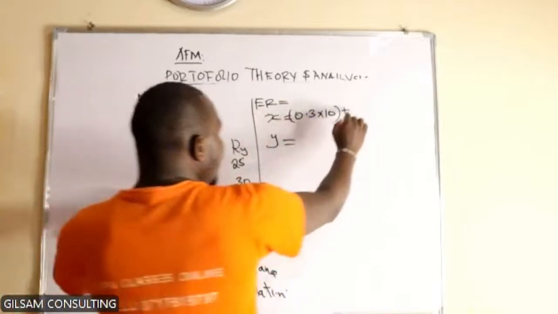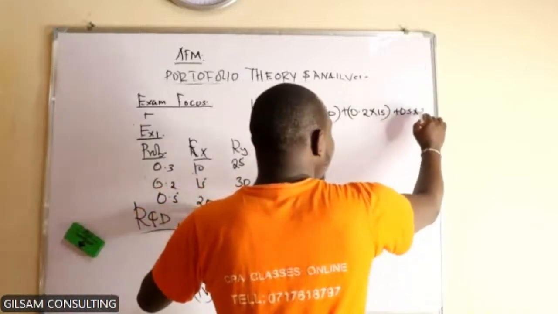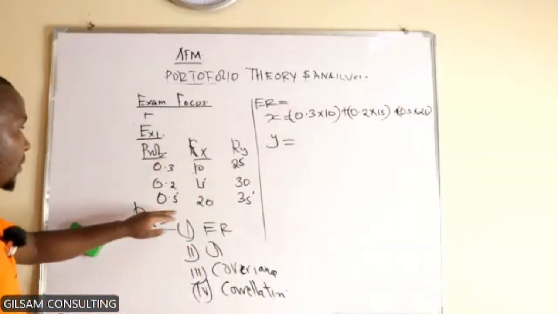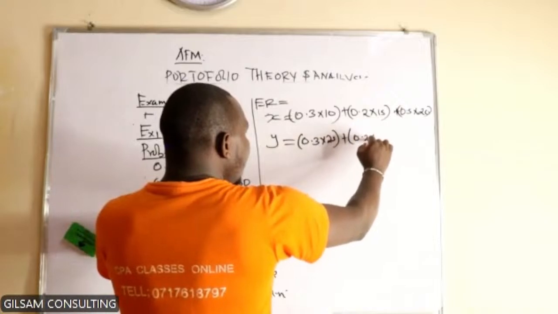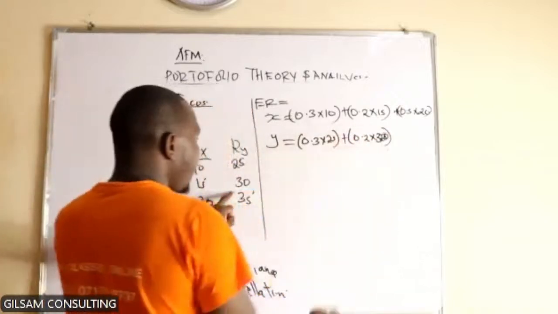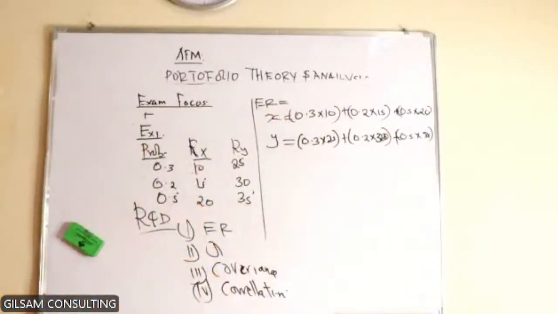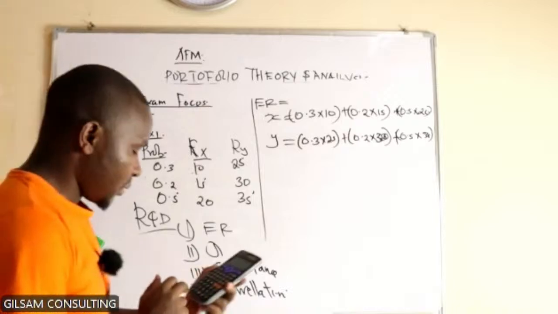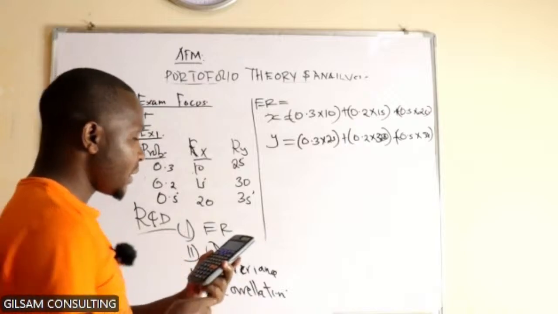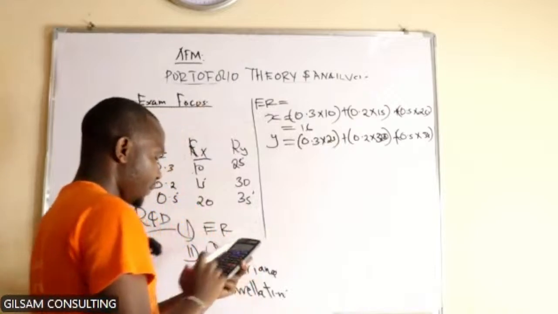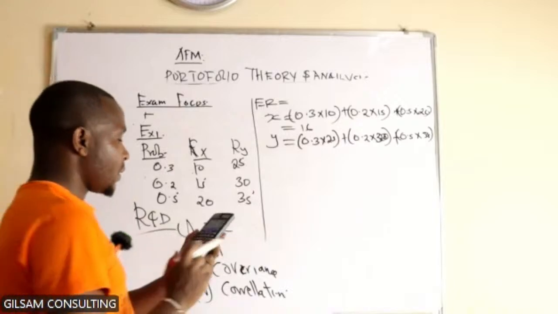Then we add the probability times the return: 0.3 times 10 plus 0.2 times 15 plus 0.5 times 20. That gives us the expected return of x. For y, we take the same probabilities times 25, 30 and 35. Using the calculator, the first one I'm getting as 16.